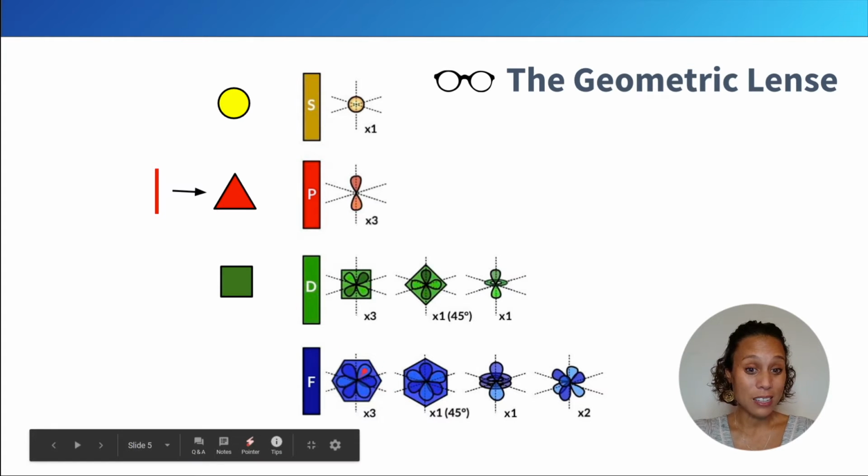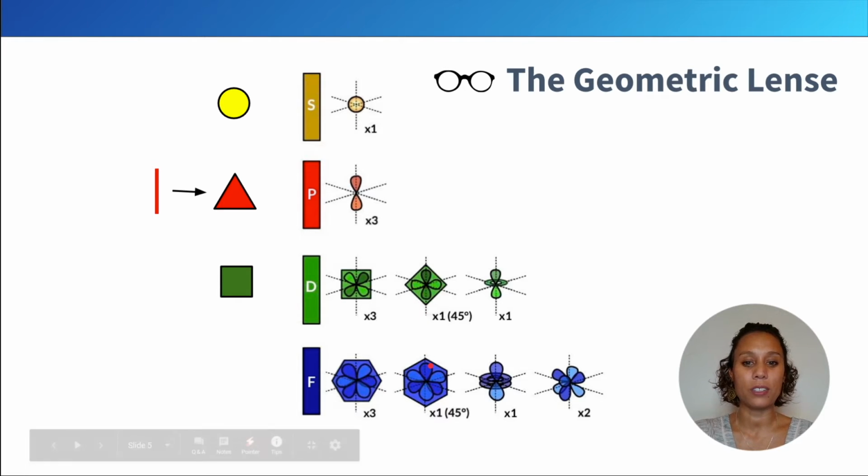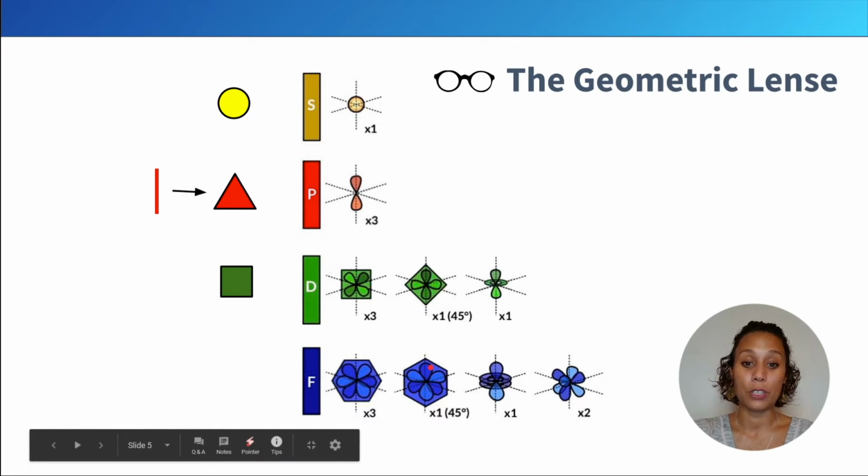Now the f orbitals, I already mentioned it before, are like a hexagon. And there are 3 of those again. There's one at 45 degrees, and that's an important one, which you see if you study what this actually means. And we have another one here that we're not going to talk about today. But these make different geometries as well. We'll just abbreviate the whole f orbitals as a hexagon, as a simplification.